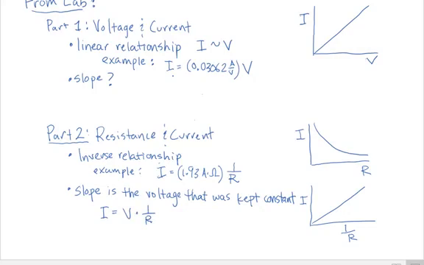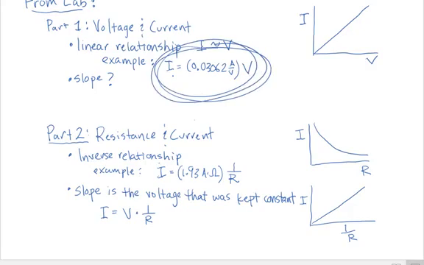So we're taking our 3 major variables and finding a way to relate them to each other. Now, let's go back up and look at part 1 then and see if we can make sense of the slope. Up in part 1, we had current and voltage that we were looking at. So if we come back up here and look at this, I'm going to erase that, but just to take your attention up there.